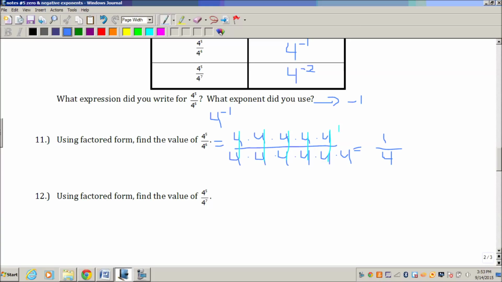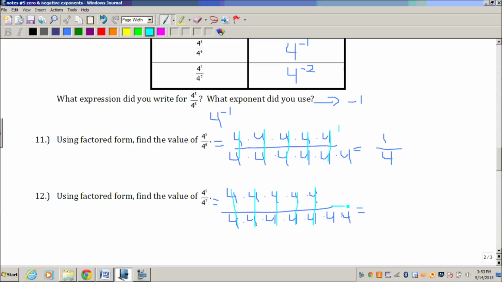Question 12 asks us to do something similar, except 4 to the 5th divided by 4 to the 7th. So again, we're going to write out what we would do to multiply it out, divided by 4 to the 7th. So when we go through and cancel, 4 divided by 4 is 1. These all simplify to 1.